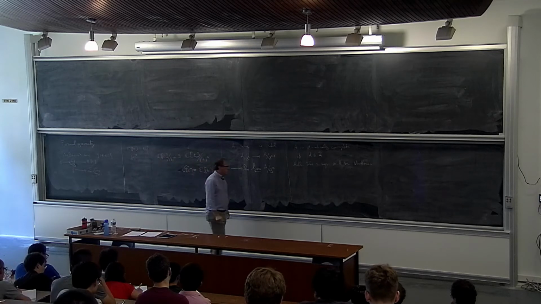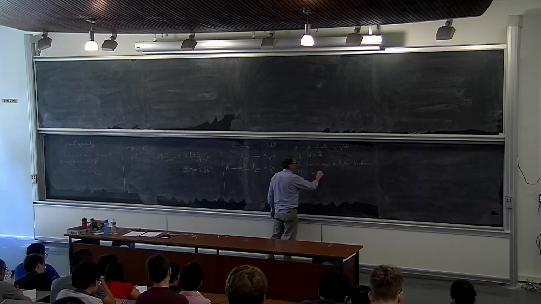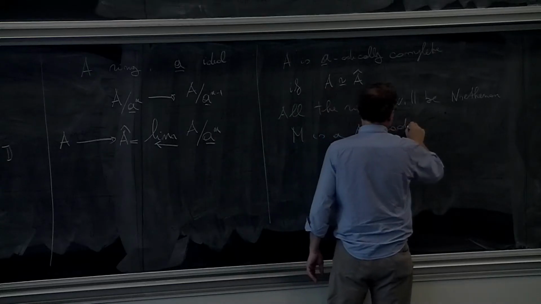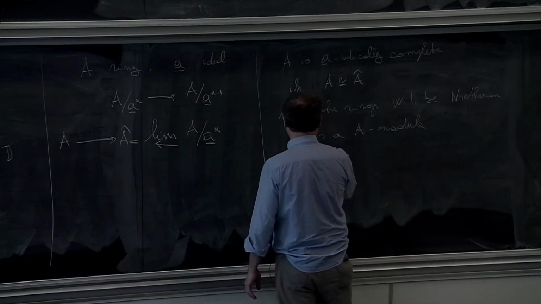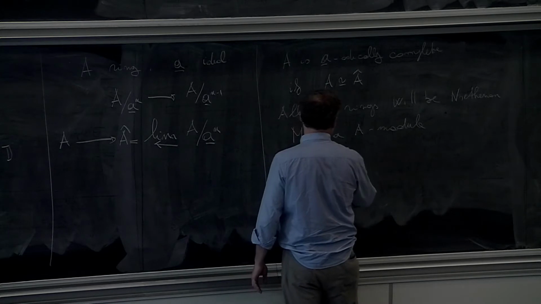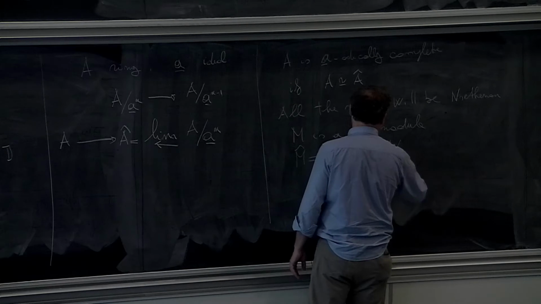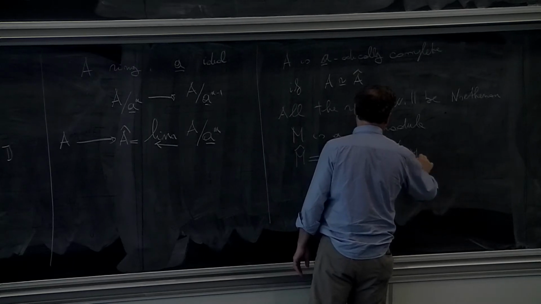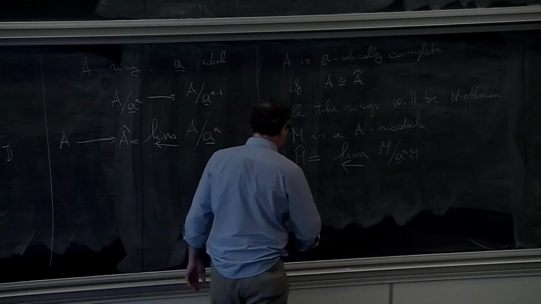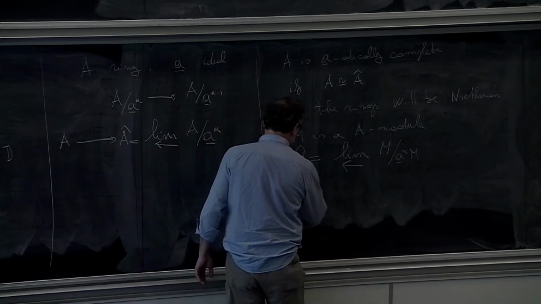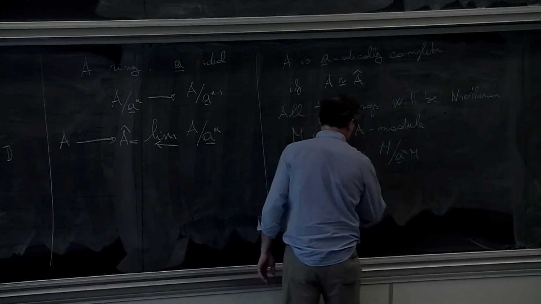And I can do the same if M is a module. I can introduce M hat, which is just the limit of M divided by 𝔞^n M, and things are a little bit easier if M is of finite type.